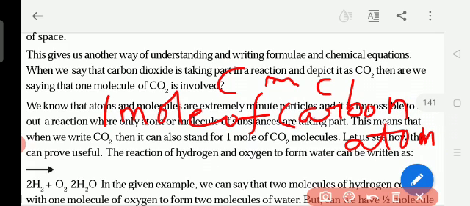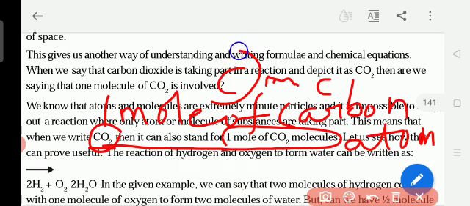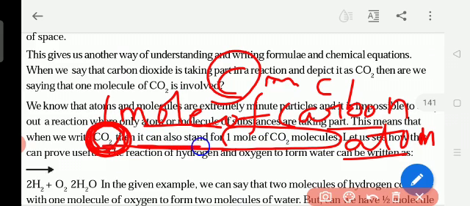Here now we have CO2. It is a molecule or a compound. Now we call this 1 mole of CO2 molecules. If only carbon is there, we call it 1 mole of carbon atoms. If it's a molecule, with 2-3 atoms together, we call it 1 mole of carbon dioxide molecules.